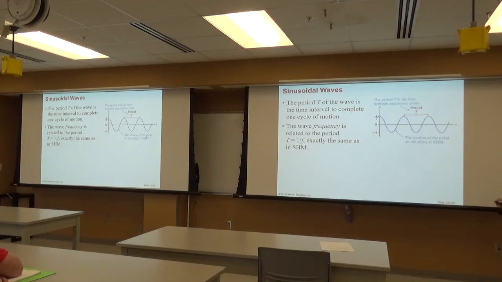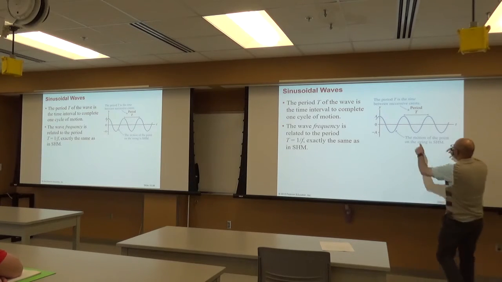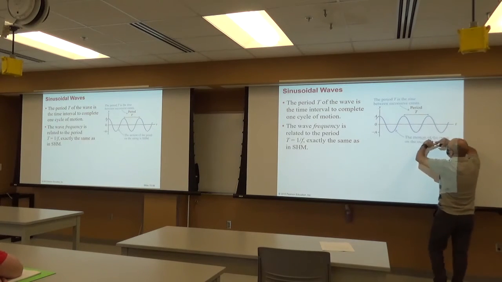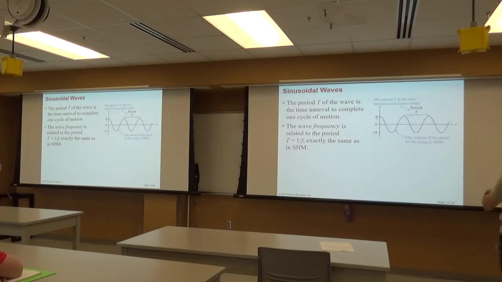Another way to interpret time period is the time to make one complete wavelength. From here to here is one wavelength, and the time it takes to complete one wavelength is the time period. So time period is the time for the wave to complete one wavelength.